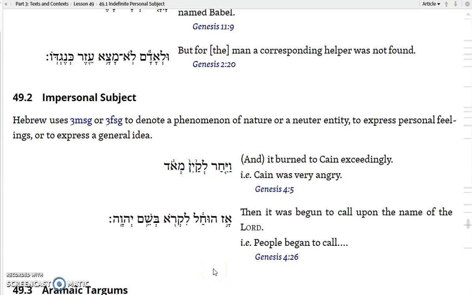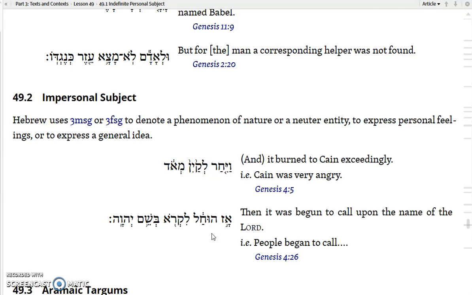Genesis 4:26. Az huchal likro b'shem Adonai. Then, az, and then you have a hophal perfect, huchal. Chalal can mean to begin in the hiphil.